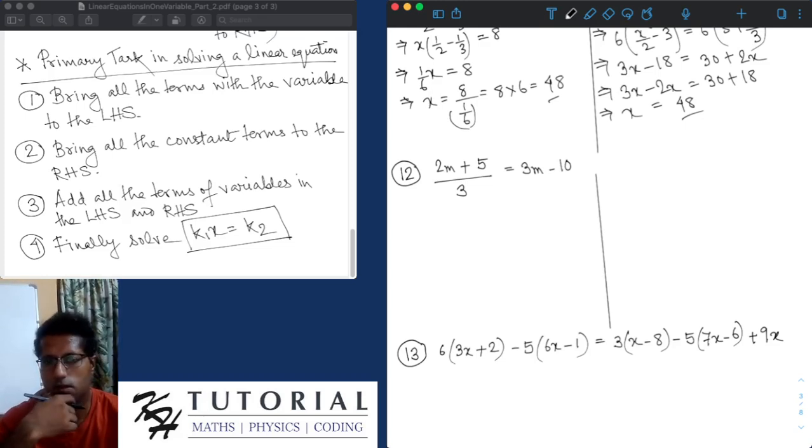Now in this equation 2m plus 5 by 3, you have to separate out the variable term and the constant term.